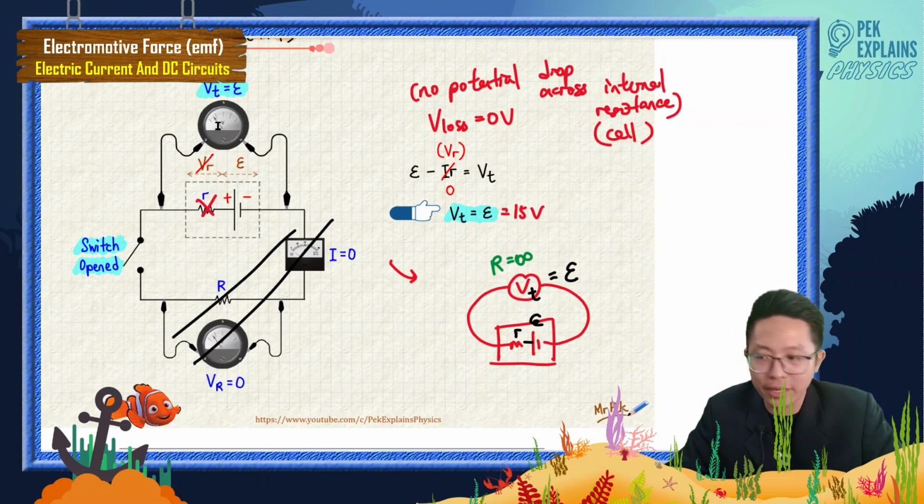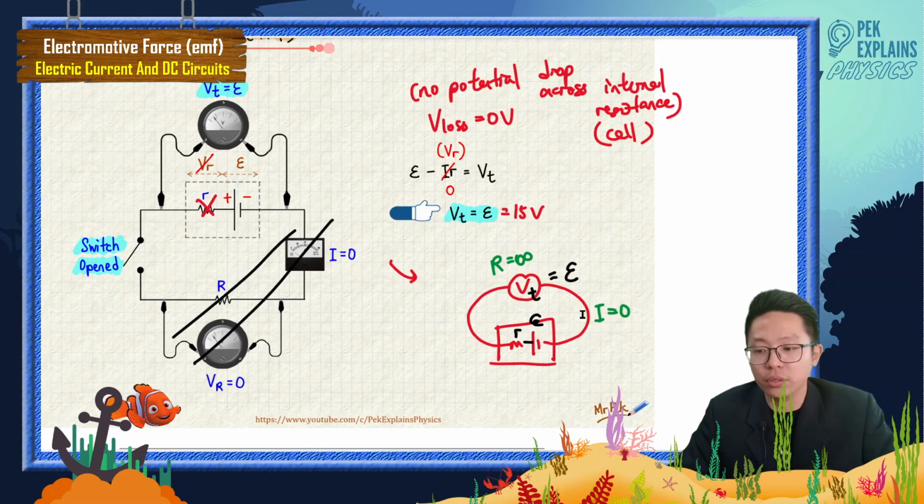So we can say that inside the circuit here, current is 0. No current will flow between the battery and the voltmeter because the resistance of the voltmeter itself is infinity. So current is 0.